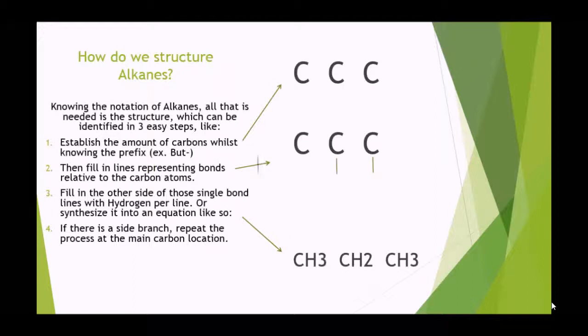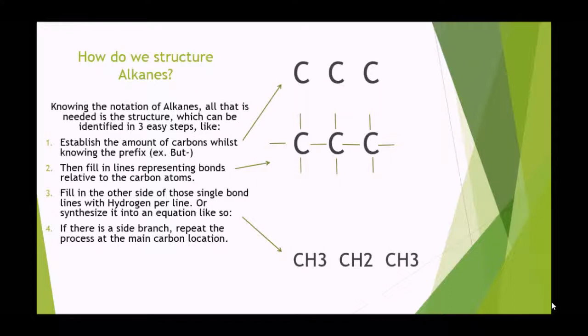Now, how do we structure alkanes? Knowing the alkane notation, we now need to know how to structure it. Essentially what we have to do is establish the amount of carbons, as shown in the picture above, then fill in lines representing bonds relative to the carbon atoms and their valence electrons.